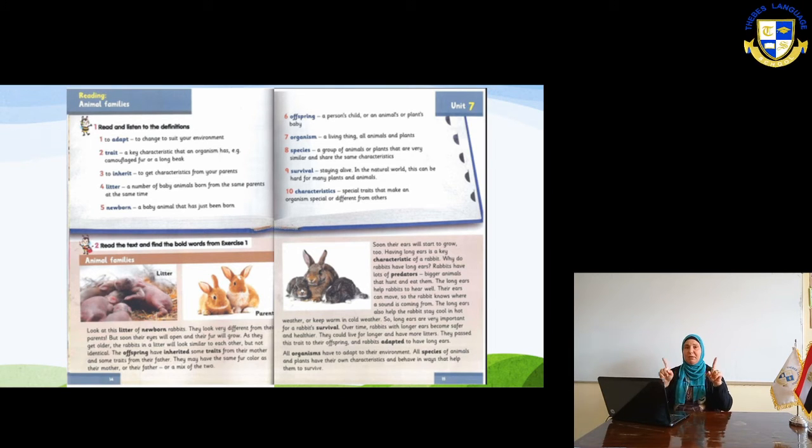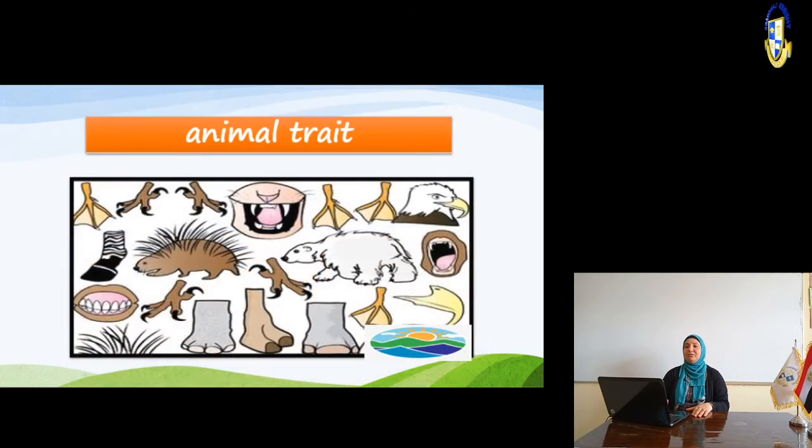So to sum up, all organisms have to adapt to their environment. All species of animals and plants have a key characteristic feature that helps them to survive or adapt to their environment. In the next slide, you will see some animal traits.